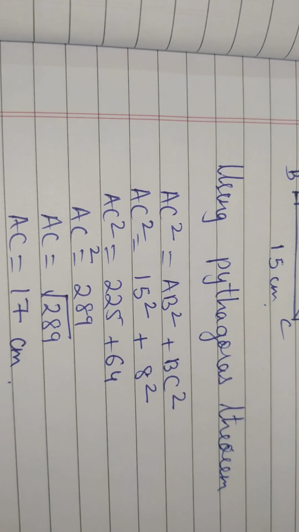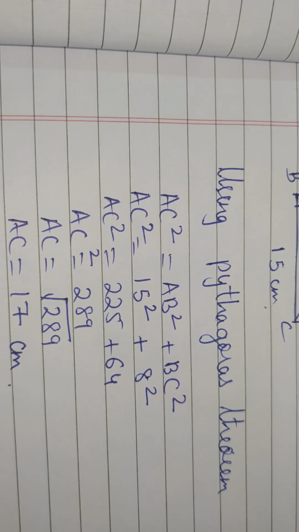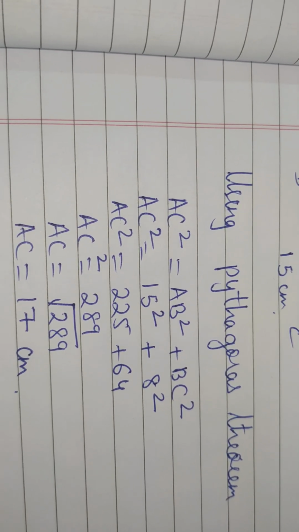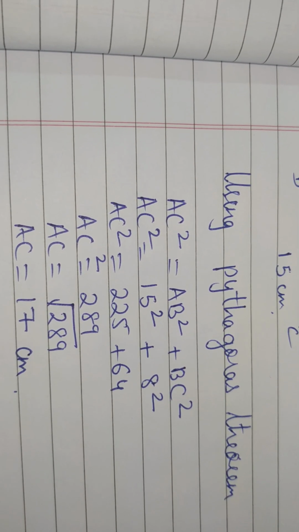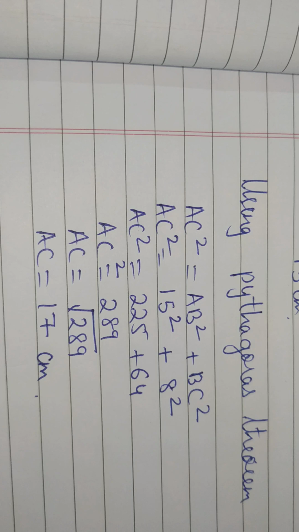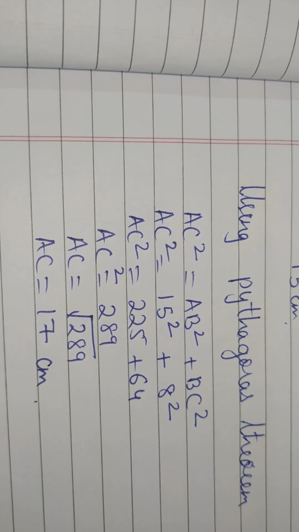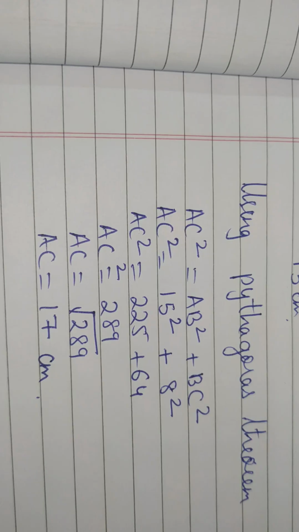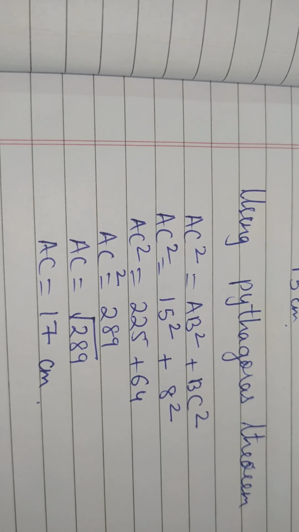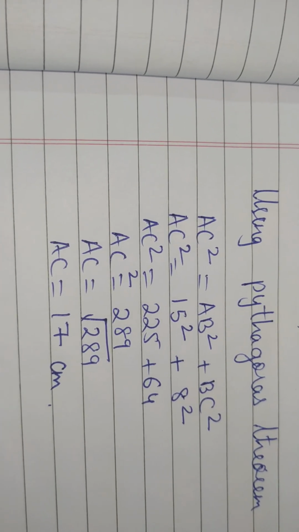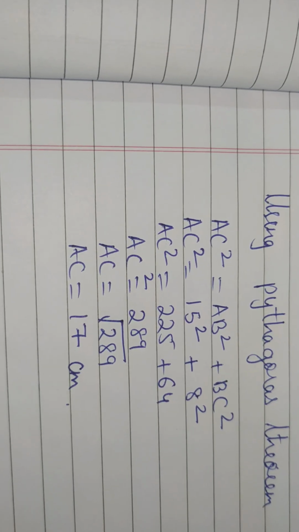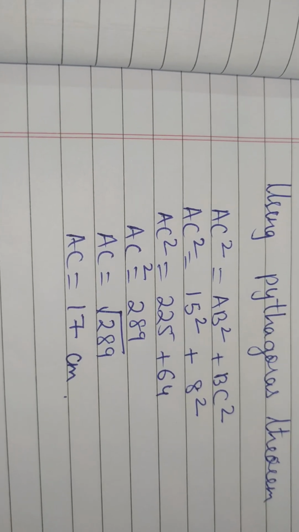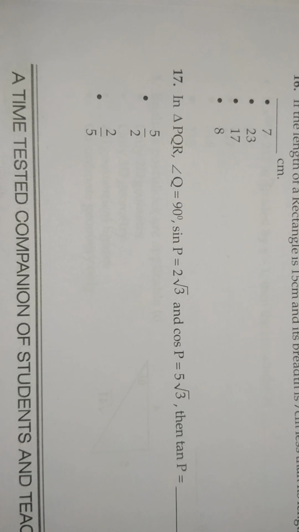So I write 15 square plus 8 square: 225 plus 64. If I add, I will get 289. And AC square, if I take the square to the other side, it will become root. Root 289, so AC is equal to 17 centimeter.